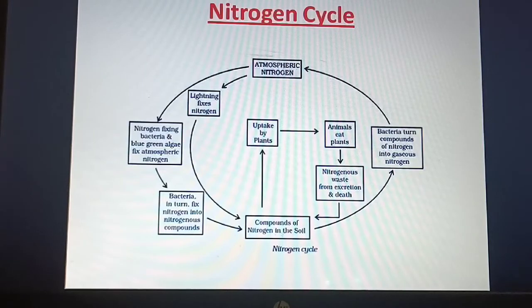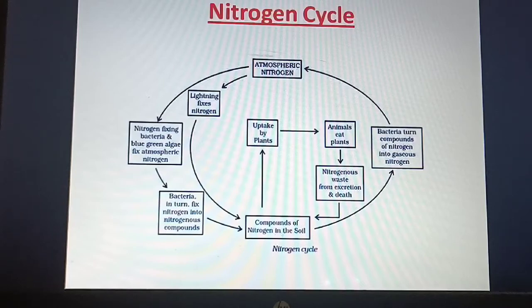So certain bacteria and blue-green algae present in the soil fix nitrogen from the atmosphere and convert it into compounds of nitrogen. Once the nitrogen is converted into usable compounds, it can be utilized by plants from the soil. Animals eat plants, isn't it?